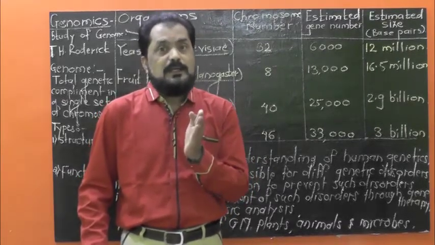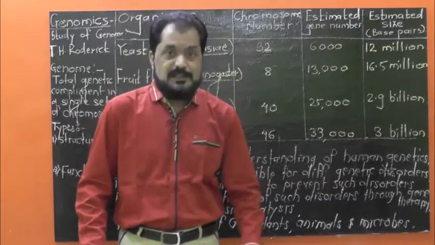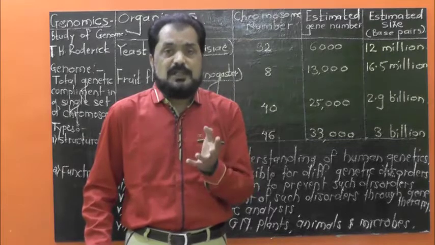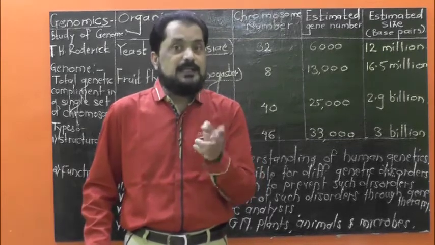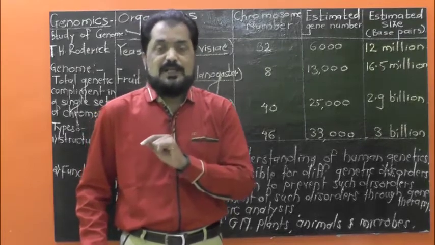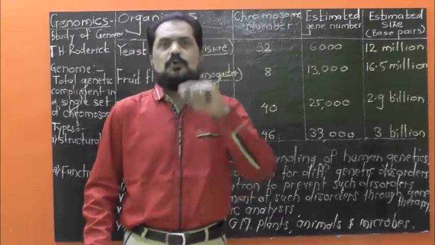It means bacteria, the prokaryotic organisms, are haploid. In such haploid prokaryotic organisms, only one genome is present. While in eukaryotic cells, as all somatic cells, all general body cells, are diploid, there are two genomes.